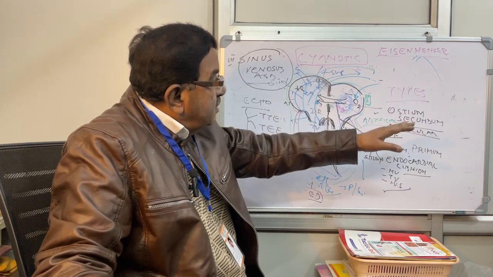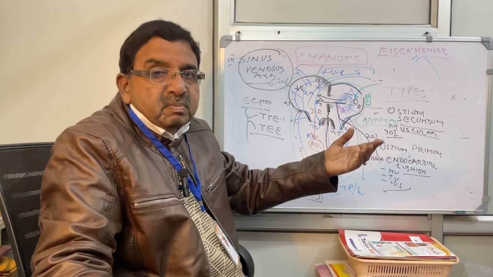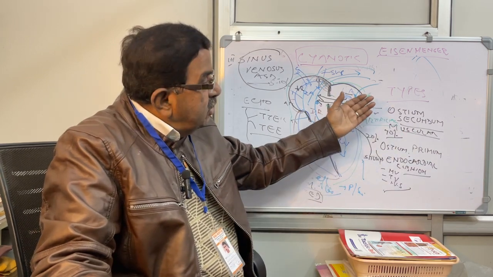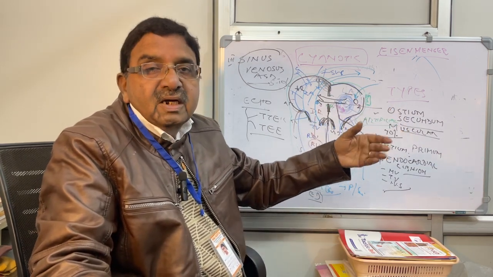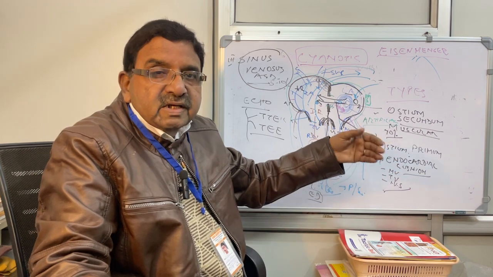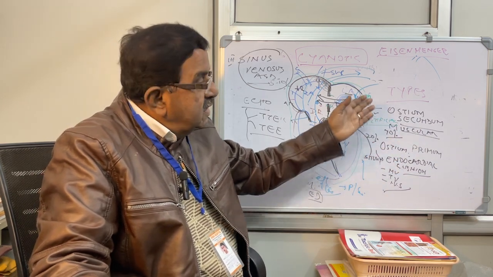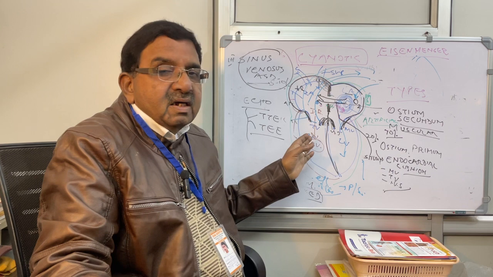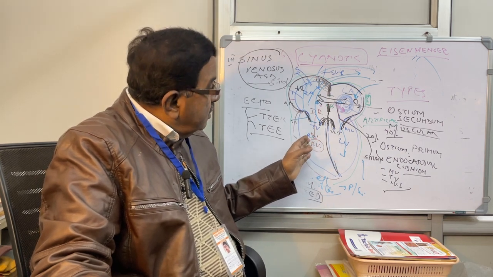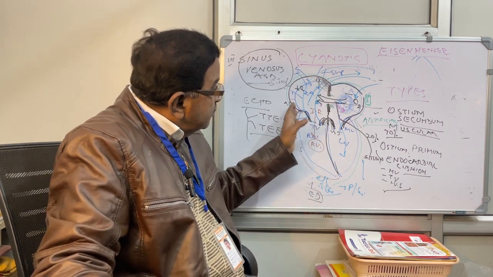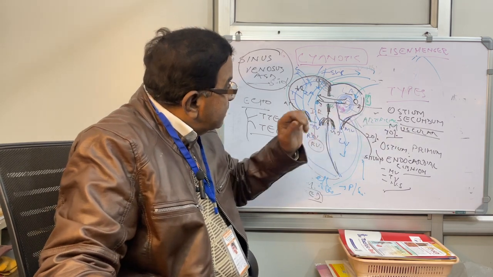Similarly, this will be transmitted through the pulmonary artery to the lungs, leading to the picture of pulmonary hypertension, which gradually becomes a permanent feature and ultimately leads to heart failure. So, this is the pathophysiology of ASD.